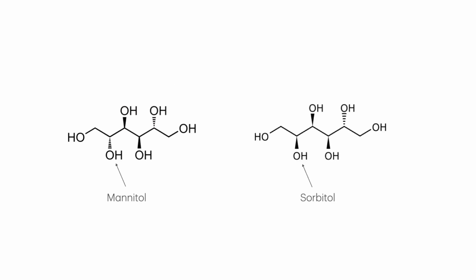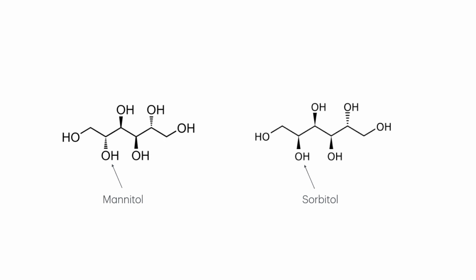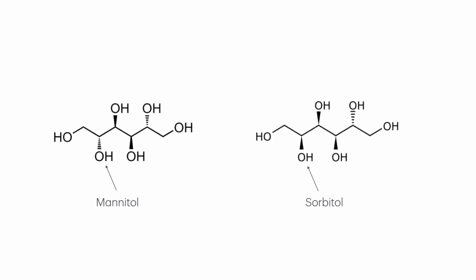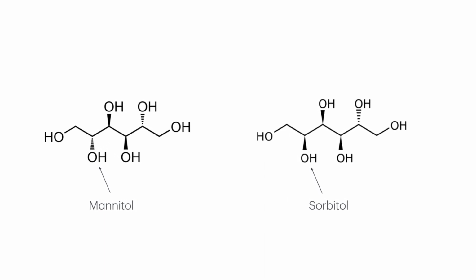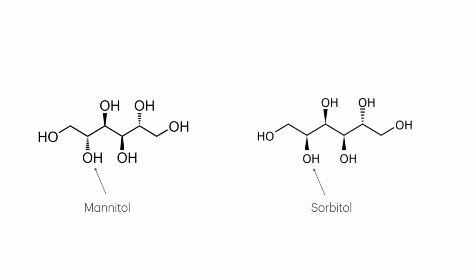And there are sugar alcohols, mannitol and sorbitol, that are transported in some plants as well. These are plants that specialize in these particular kinds of transport molecules, but most plants are transporting sugars as sucrose.